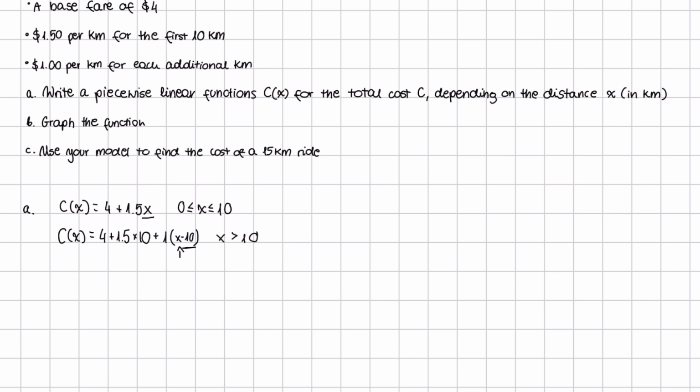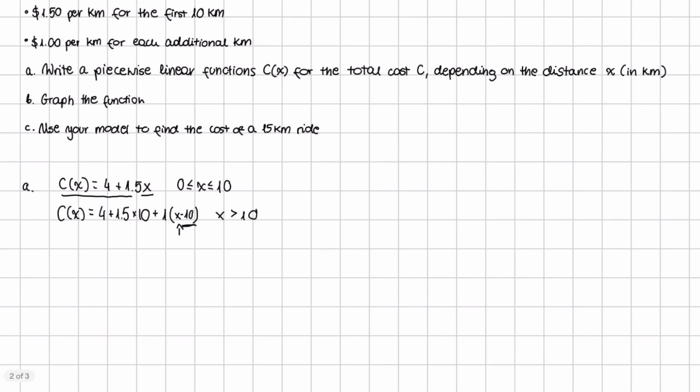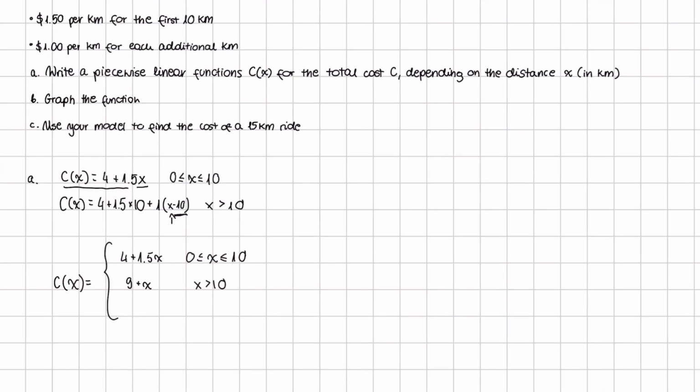So you can see that this 10 is our first 10 kilometers that are connected to our first function. And now we can write our piecewise function. And if we simplify this equation, we will have 9 plus x.